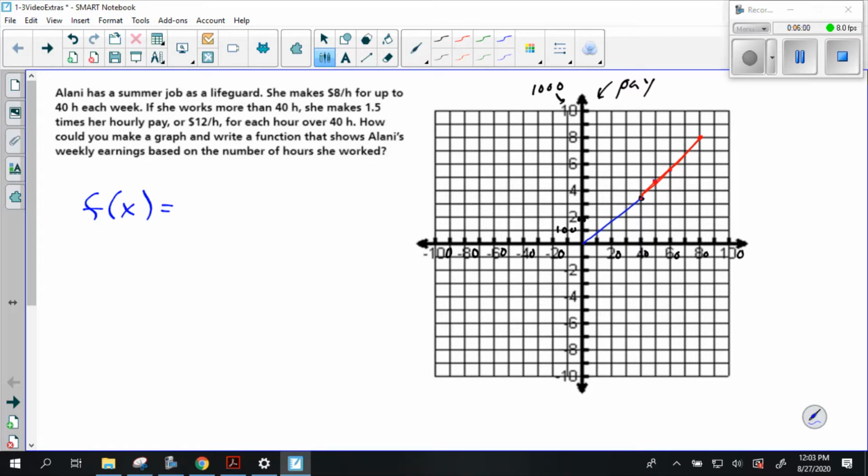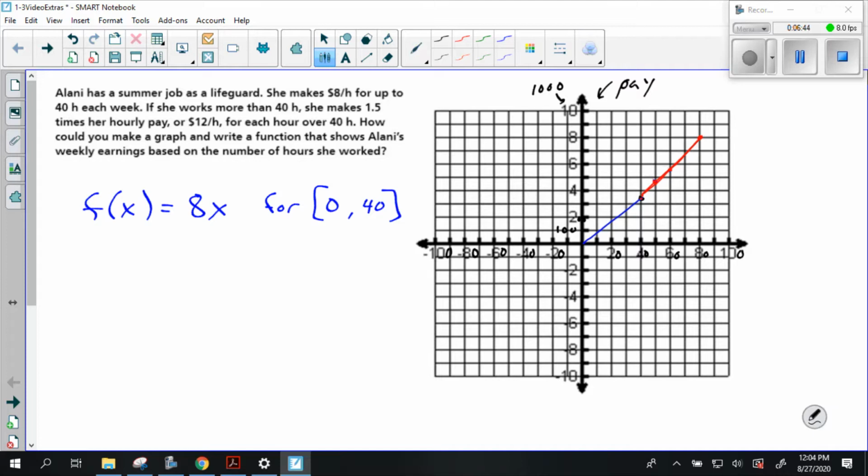Y-intercept of 0, so that's going to be 8x. Every 1 hour that we work, we make $8. Okay, but this is only defined for the interval from 0, including 0, all the way up to 40, right?